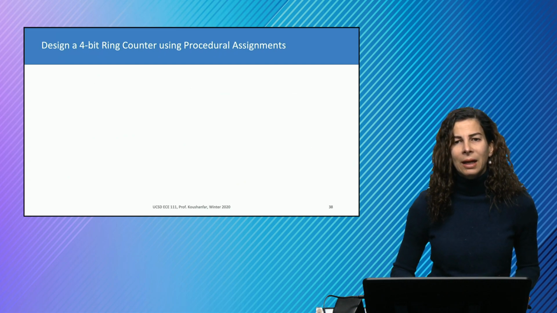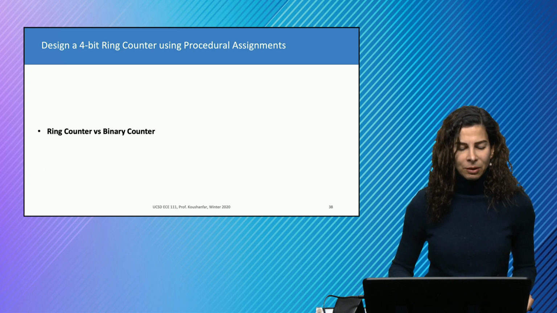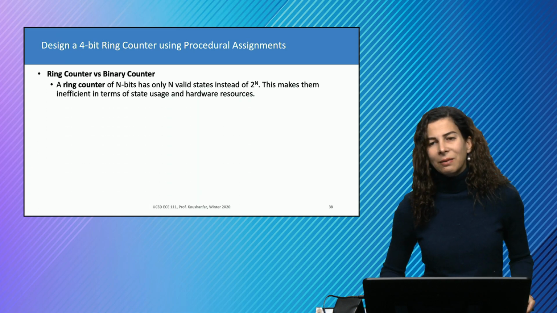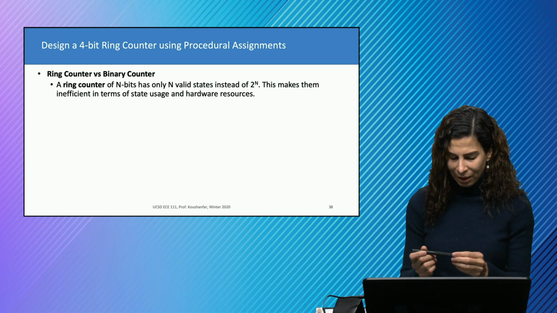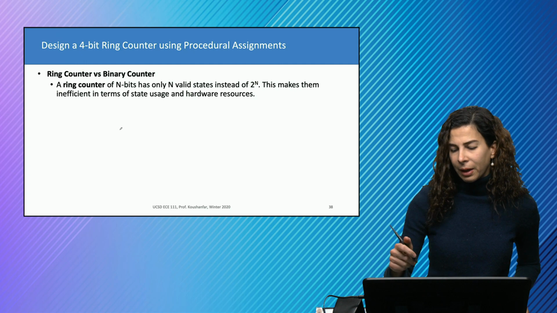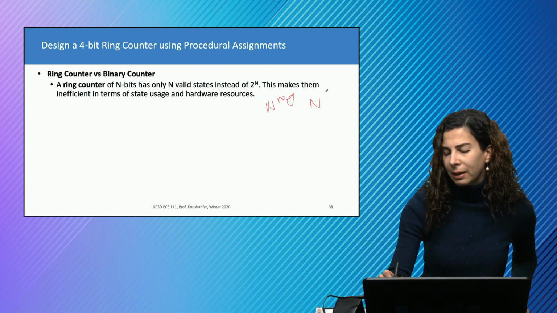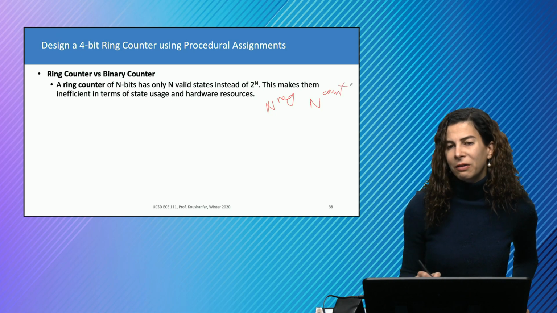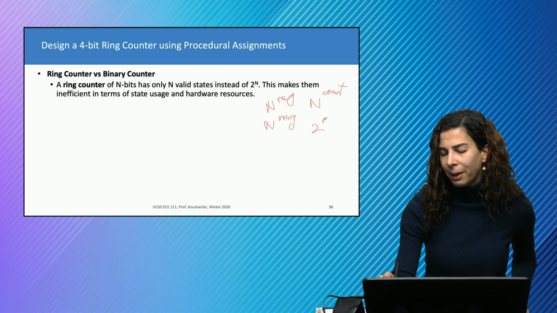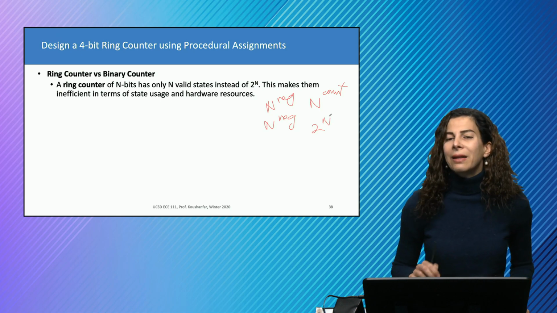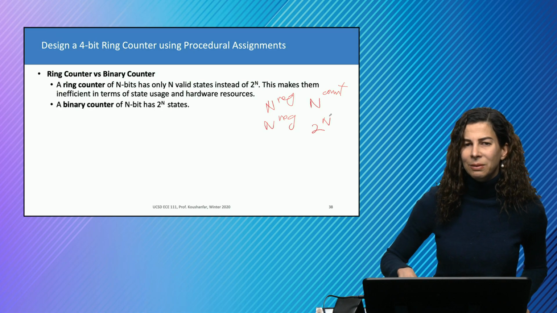But this is another possibility for designing. But a ring counter is using n registers to make n counts. This is not very efficient, as we know that with n registers, you should be able to make 2 to the power n possibilities. So for that reason, a binary counter has been introduced.